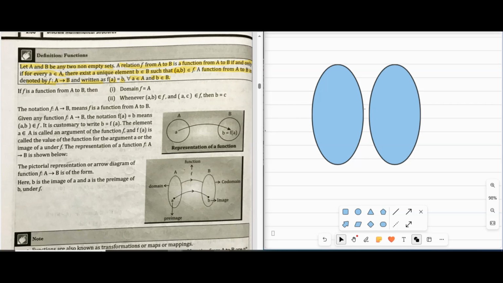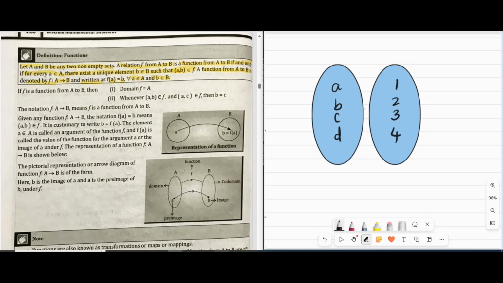So what is meant by this? Here, if the elements are a, b, c, d, and here we have 1, 2, 3, and 4. This is a set A and this is a set B. So the relation from A to B is called a function f of x.